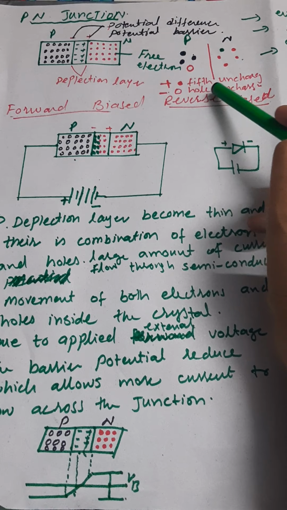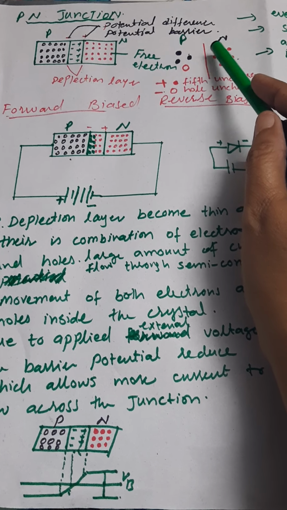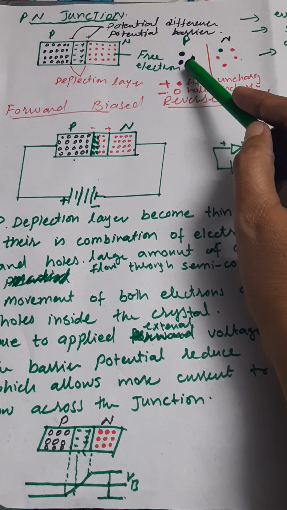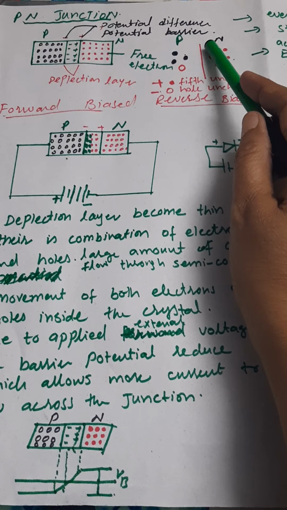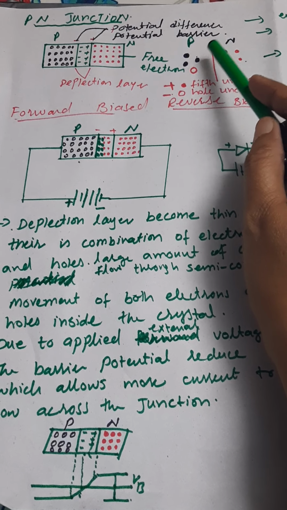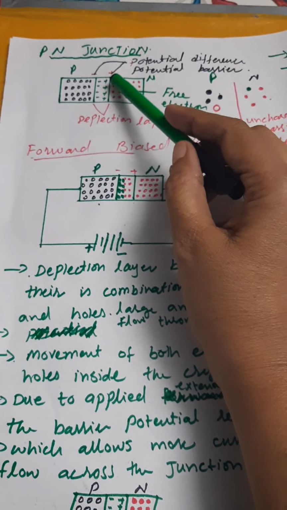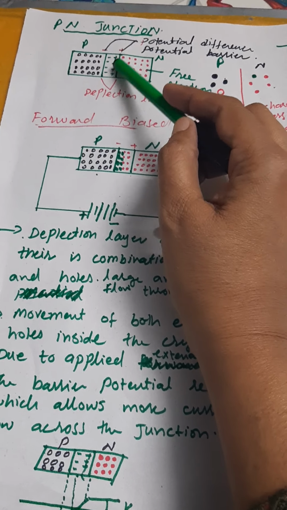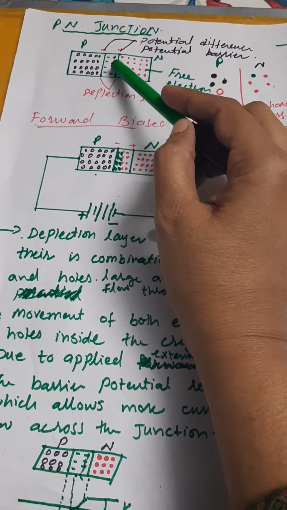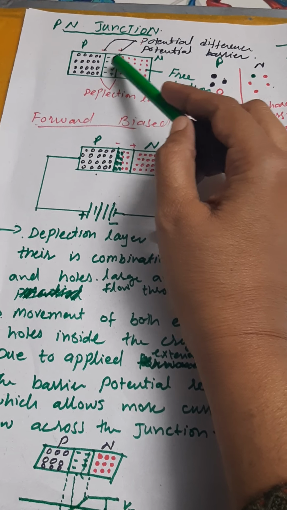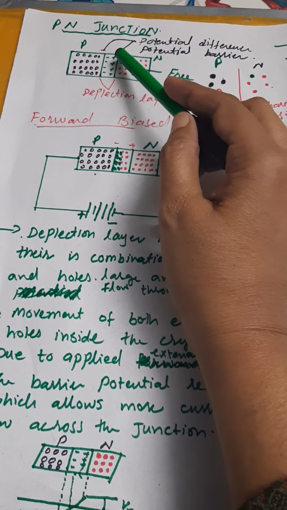On the P side the fourth hole is uncharged. When electrons jump from the N side to the P side, electrons are recombined, then there is a layer of positive ions and, where electrons fill the holes, a layer of negative ions.